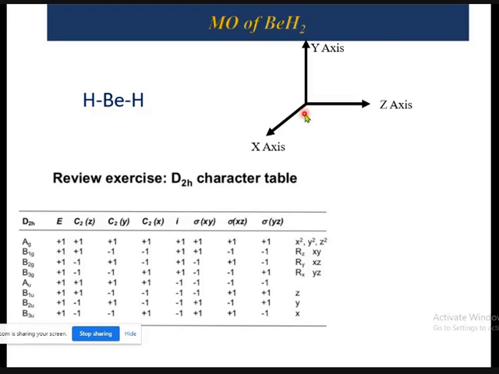This is called the descending method of symmetry, because you are taking a lower order point group from a higher order point group. Why do we take this? Always remember, it is for your convenience, just to make it easier to conclude the reduction formula and solve the equation.